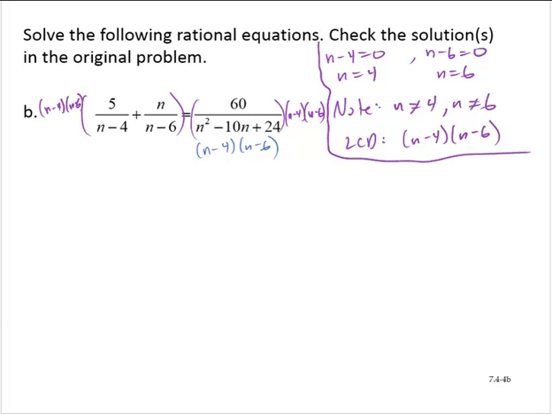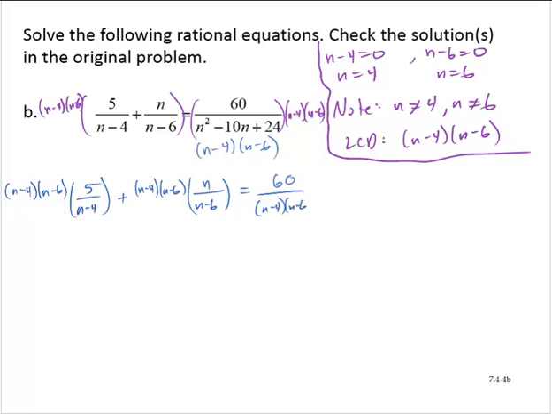All right, so that gives me n minus 4 by n minus 6 times 5 over n minus 4 plus n minus 4 by n minus 6 times n over n minus 6 is equal to 60 over n minus 4 by n minus 6 times n minus 4 by n minus 6.